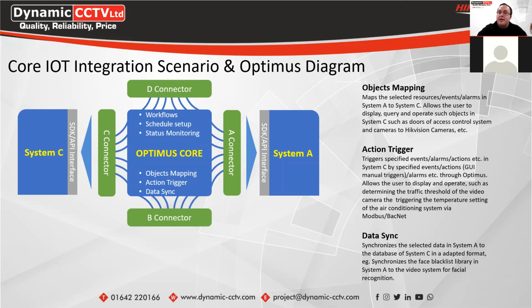Once System C triggers an event, it runs through the connector into the Optimus core, and then out on the other side into another connector, which would then connect it into CEE. This allows you to map the different objects, events and alarms from system to system, using Optimus as the middleman that converts between the two systems and keeps all of the data in sync between System A and System C.